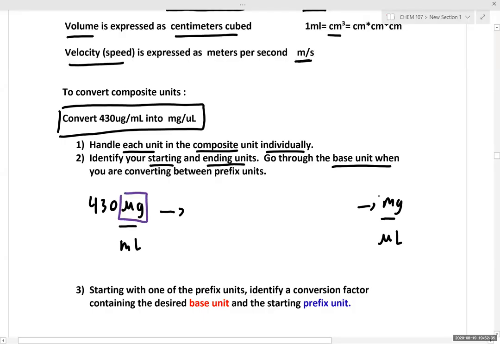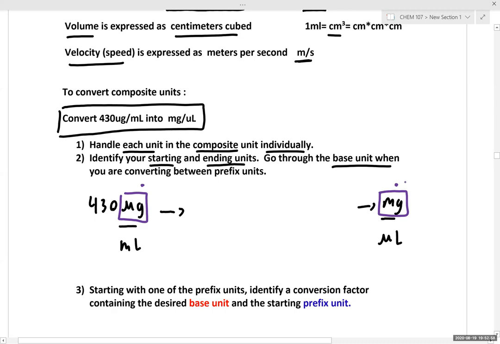First things first, we're going from micrograms to milligrams. What is our stepping stone? What is our intermediate unit on top, to go from micrograms to milligrams?